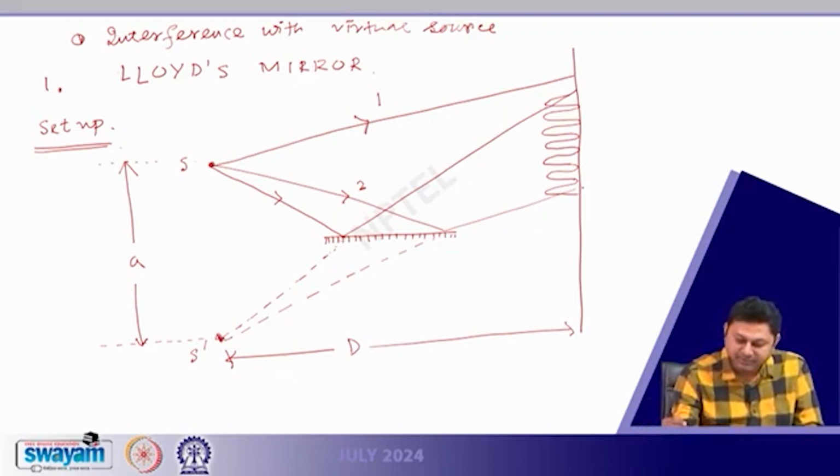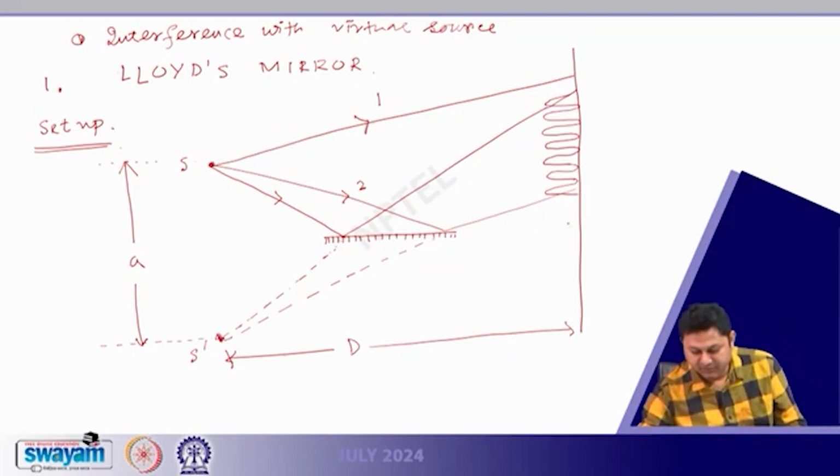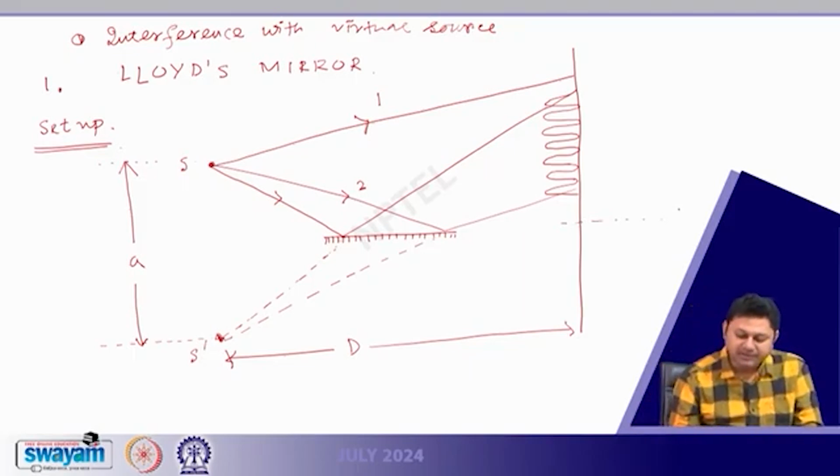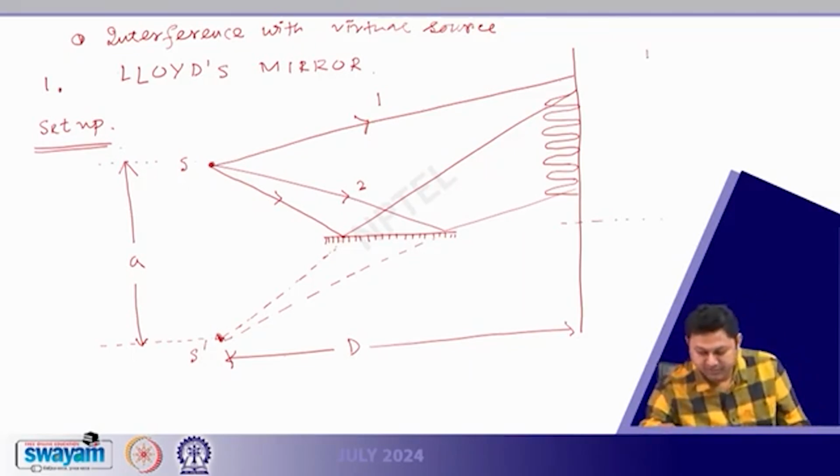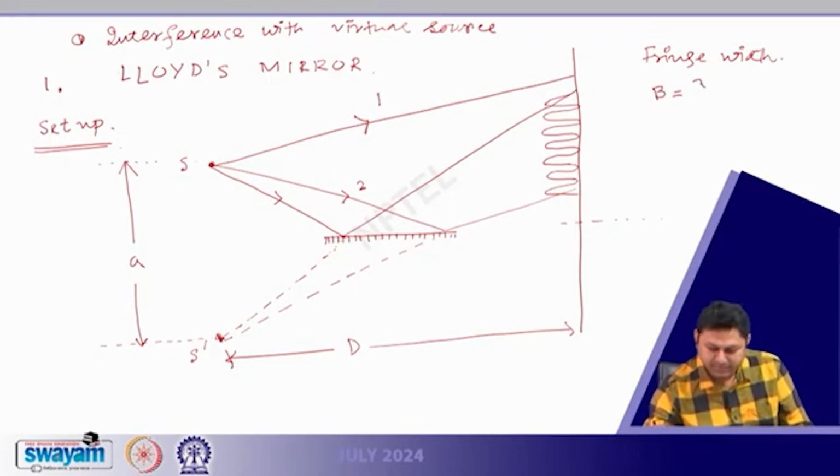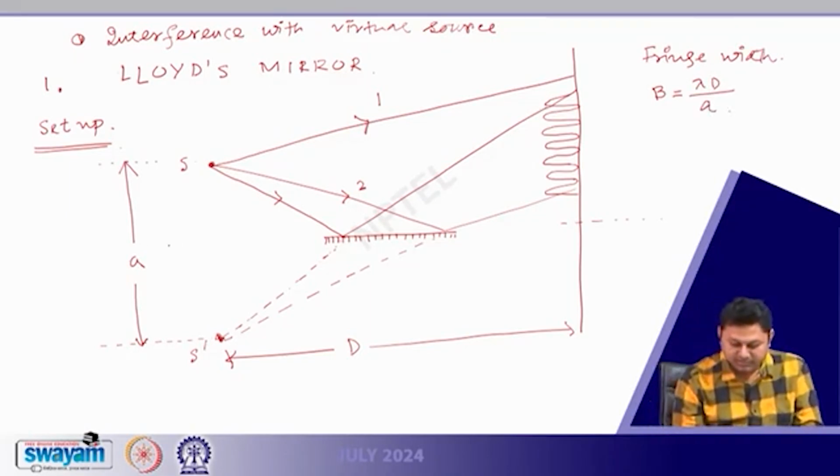So the fringe width, if somebody wants to calculate, because it is equivalent to the double slit kind of experiment, one can calculate, and the value will be beta equal to lambda d divided by A. So the A is basically the separation between these virtual sources.